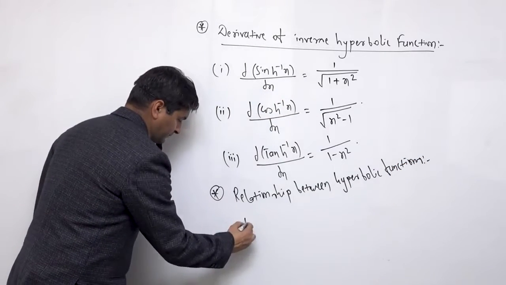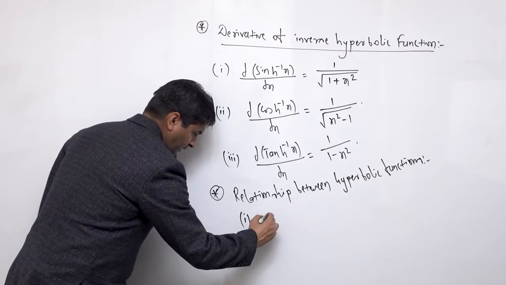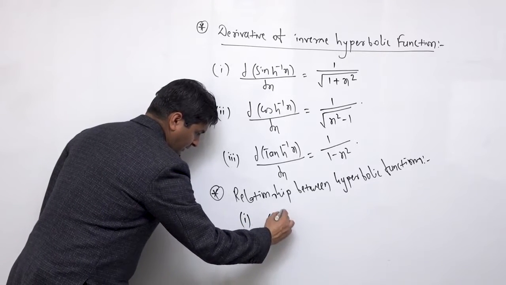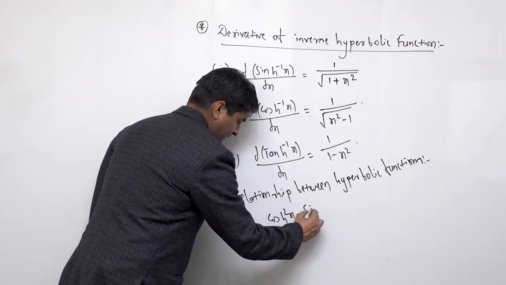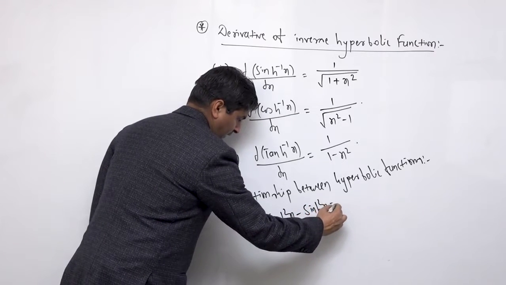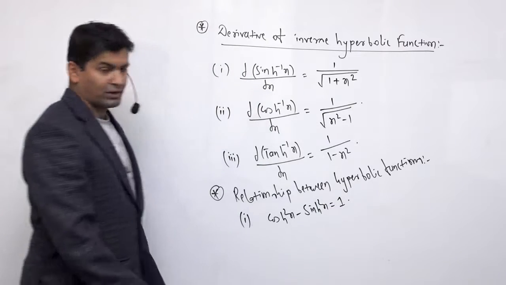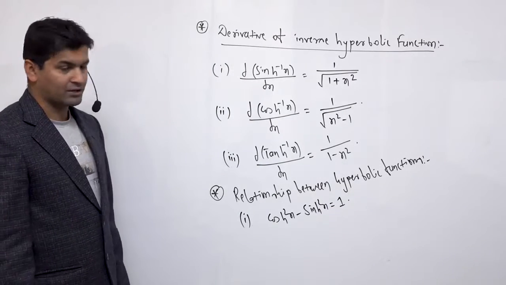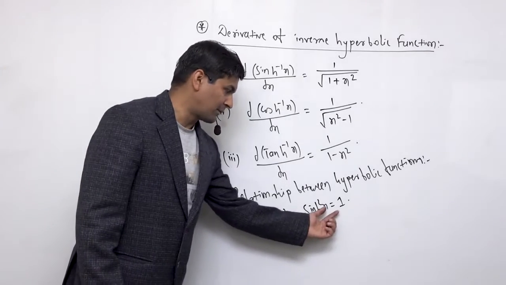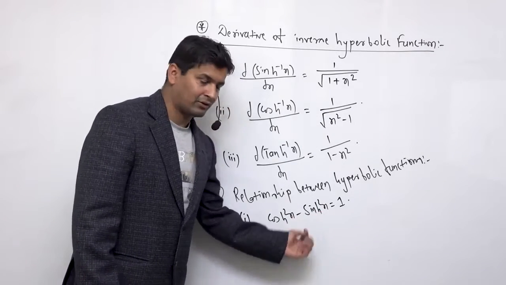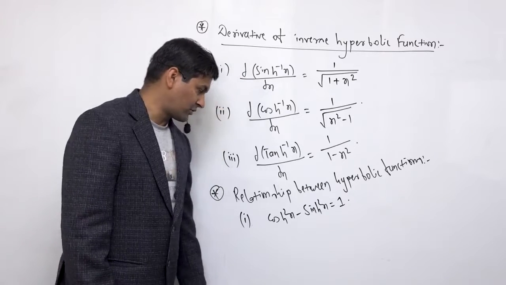First relation is cos h square x minus sin h square x is equals to 1. This is the relationship between hyperbolic function cos and sine. Cos h square x minus sin h square x equals to 1.